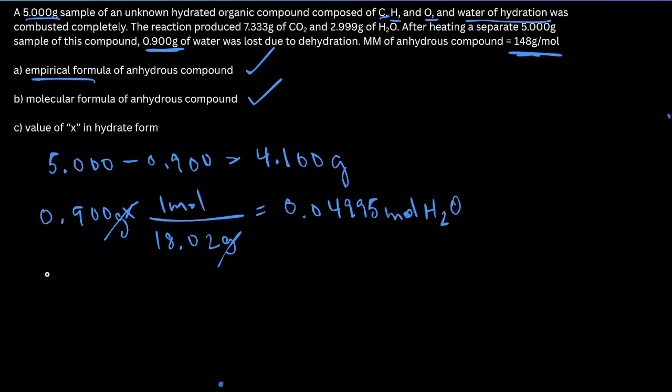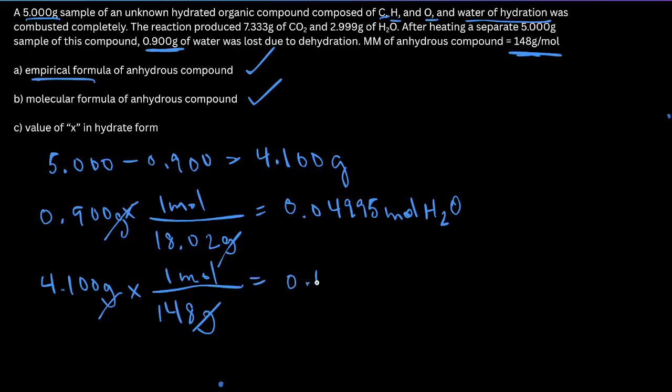Now, how many moles of the anhydrous compound do we have? Well, that's 4.1, and we have that molar mass of the anhydrous compound given to us in the problem. Cancel out our grams. And that gives us an answer of 0.0277 moles.